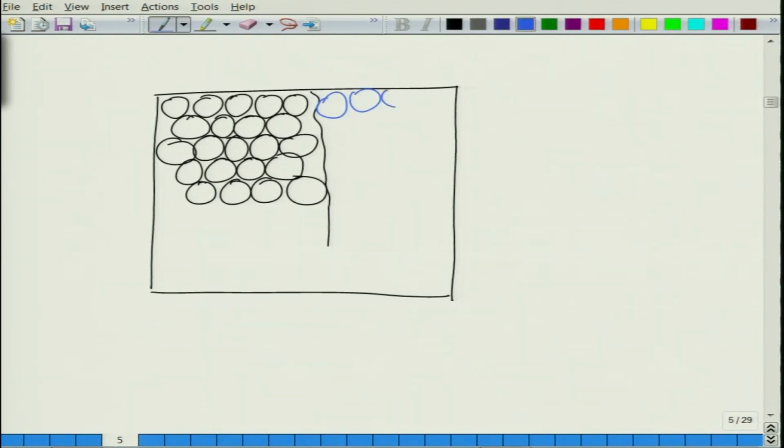So here you have the atoms like this. This is a grain with different orientation, and this is a grain with different orientation.